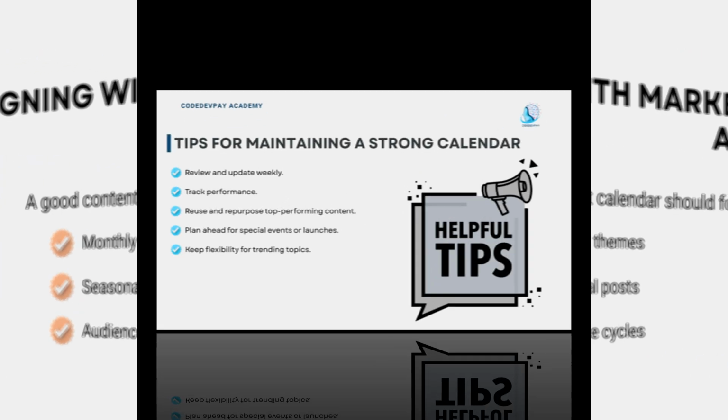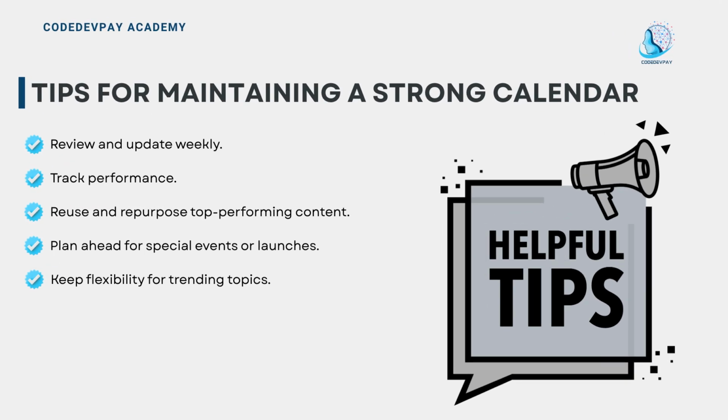Now let's look at how to maintain a strong calendar. First, you have to review and update weekly. At the end of each week, you look at the post that you made, the content that you put out there, look at the numbers that you are getting, and you know what to do. Second is to track the performance. You look at the various posts that you make, then you see which one of them performed best, which performed the worst.